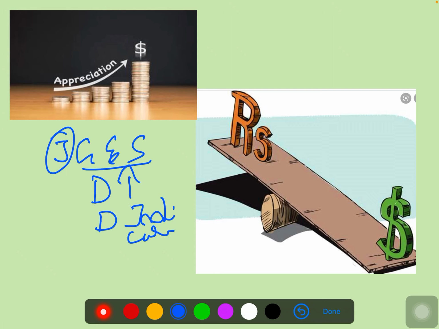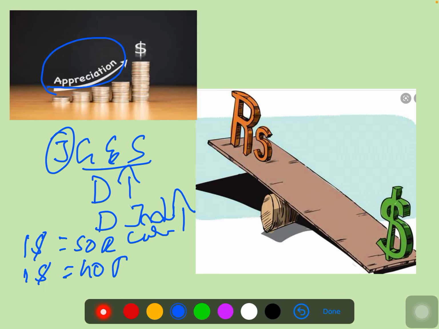If the demand for Indian currency increases, that definitely means our country's currency got appreciated. First we used to pay 50 rupees for $1. Now we are paying 40 rupees. So for us the dollar became cheaper because we have an appreciation in the international market. The rupee value is increasing relative to the dollar.